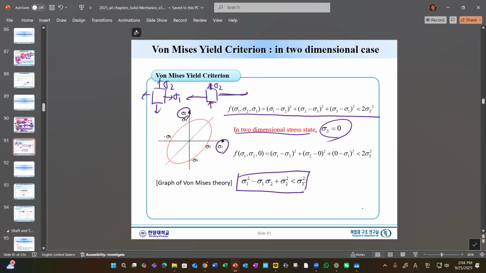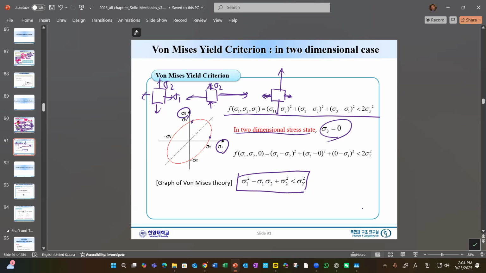And this is the point, right? Large sigma 1 and small sigma 2, and this is tension. Or this is a very small tension, and then this is tension. Where is it? Well, here will be the point.